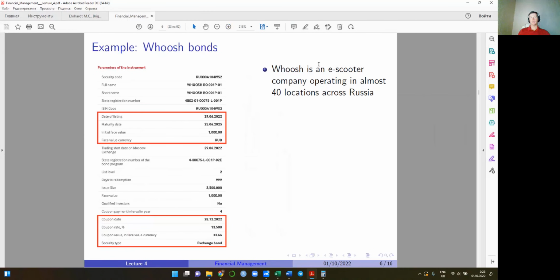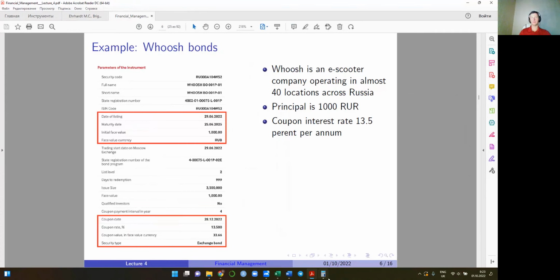As I said, this is an e-scooter company operating in almost 40 cities across Russia. So what we have found for the bond is that principal is 1000 rubles, coupon interest rate is 13.5 approximately, right?